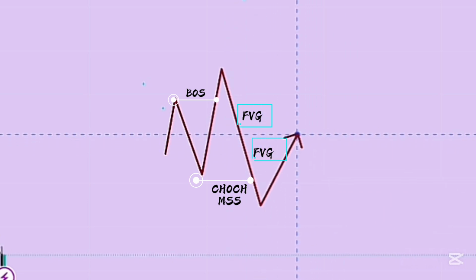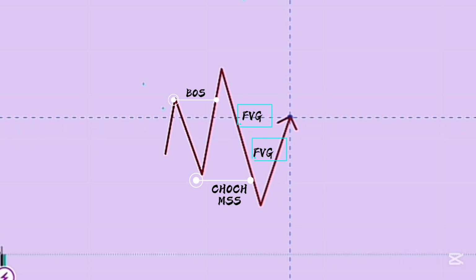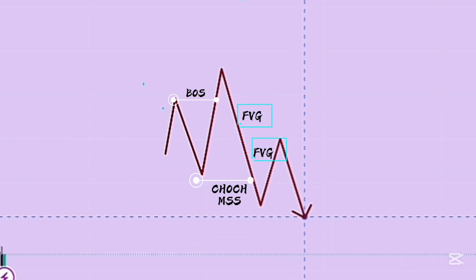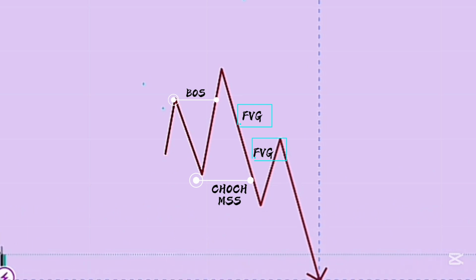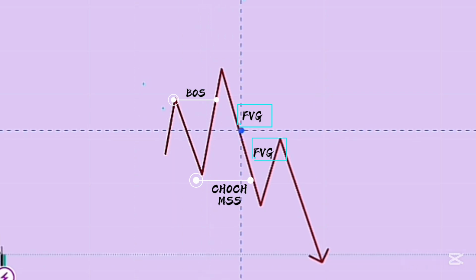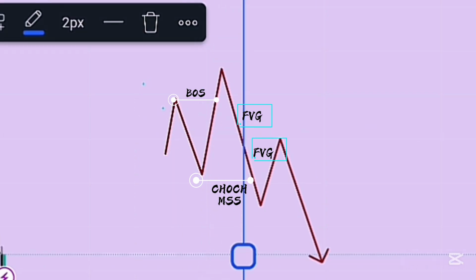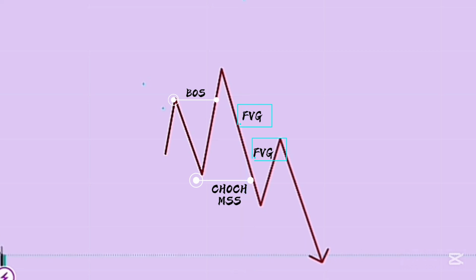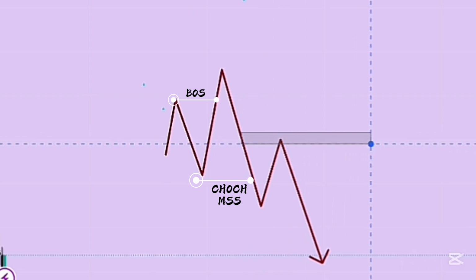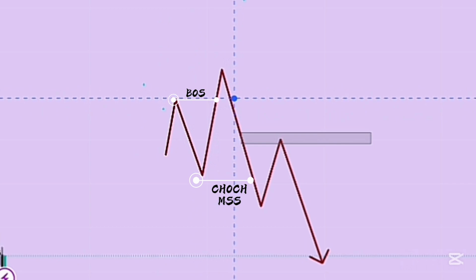All right, so I want to see something like this, then down, then I'll be expecting a downward movement like this. Now guys, I'll be having my FVG here. Let's say there is an FVG around this place, and there is another one around this place.